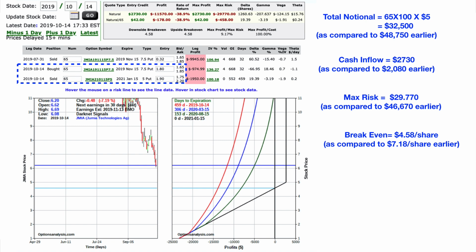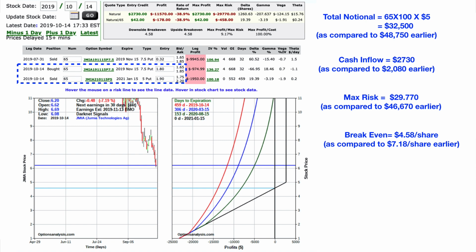So let's see what happened to the notional value of the trade. Now earlier the notional value was close to $49,000, whereas right now the notional value has just come down to $32,500. And why did that happen? Because I have chosen a lower strike, which is a $5 strike. Now I generated some additional cash inflow. So my total cash inflow from this trade is now $2,730. So I generated additional cash inflow and at the same time I reduced the notional value of this trade.